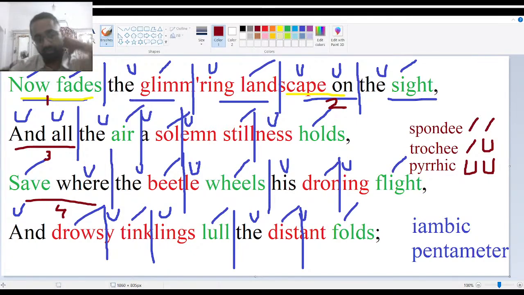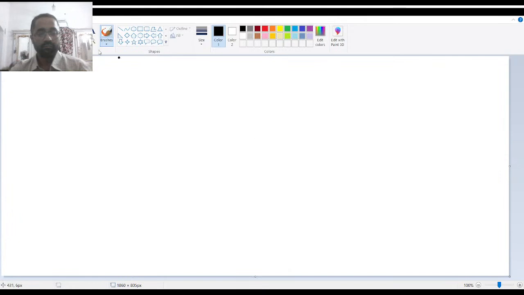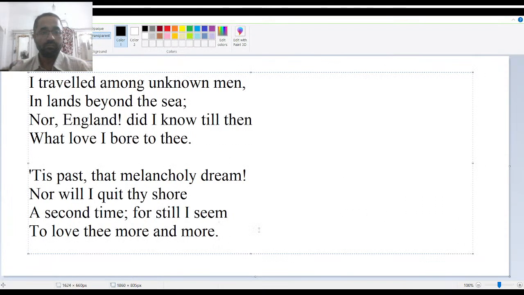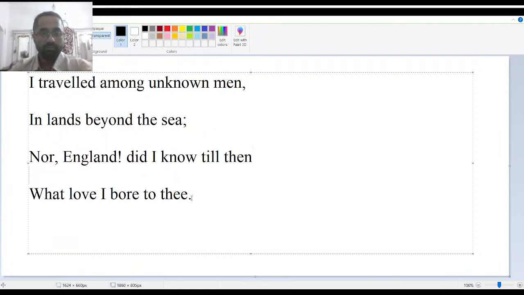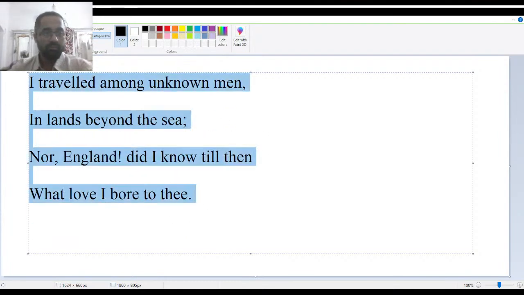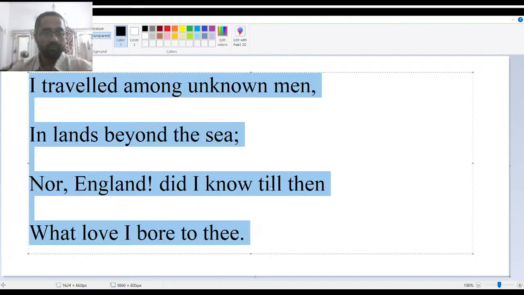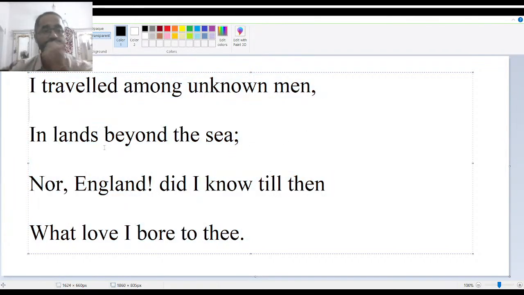This is also a straightforward and easy passage really. Let's take one stanza at a time. Okay, I hope this is visible.